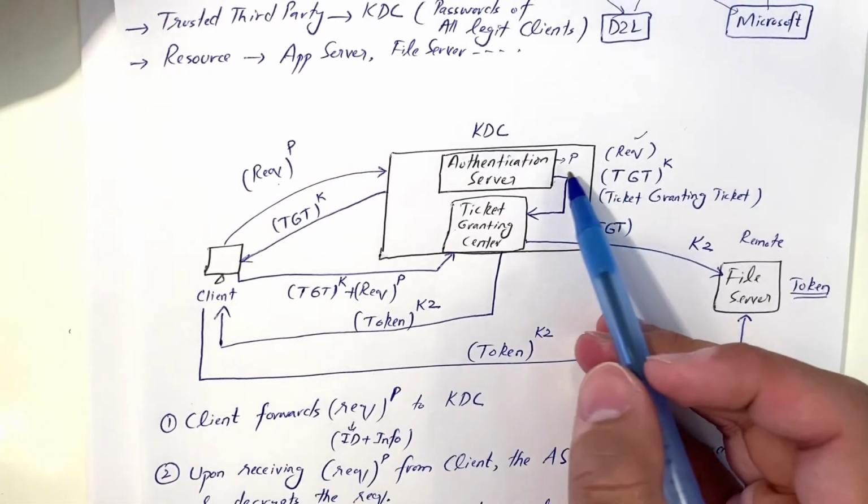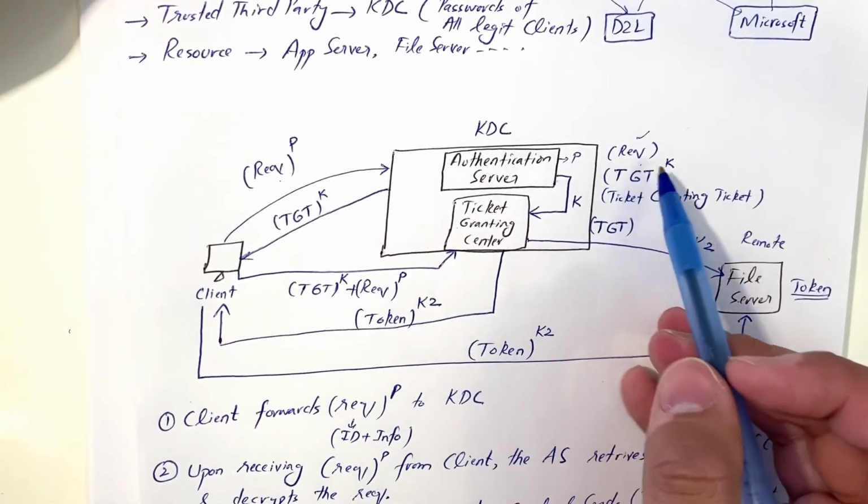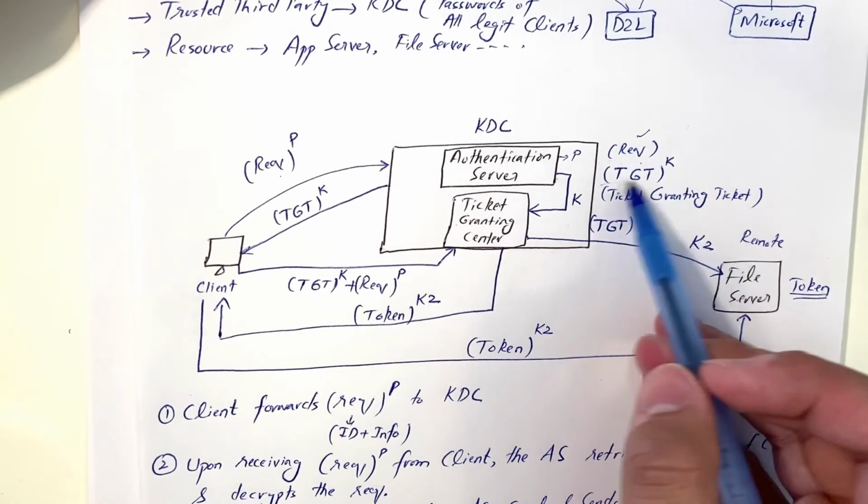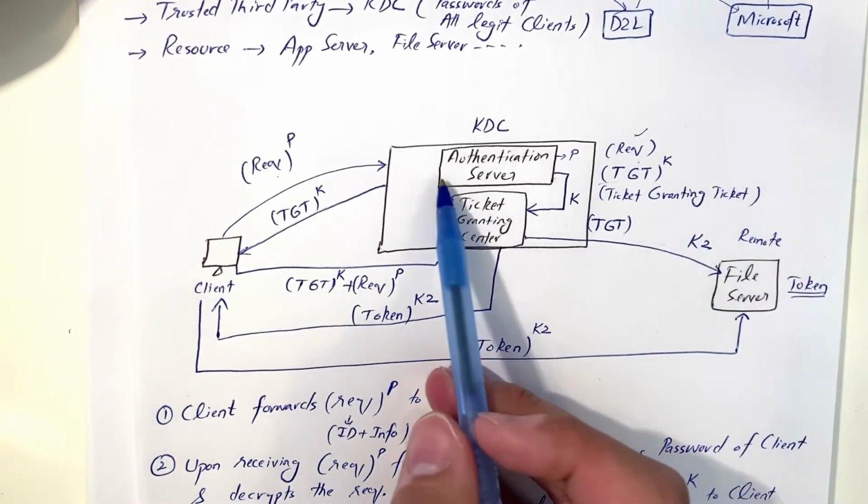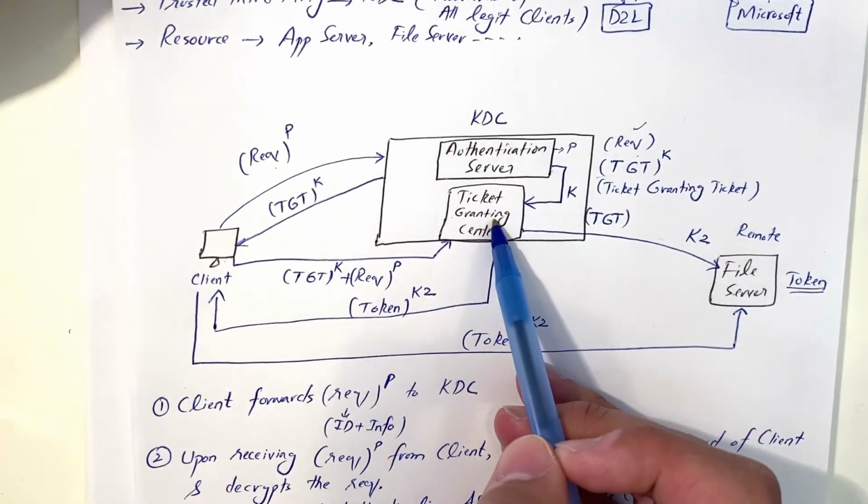If you see, after retrieving this and verifying the user ID and all that, it creates this TGT, ticket granting ticket, fully encrypted, sends it to the client, and also sends this key to the TGC.